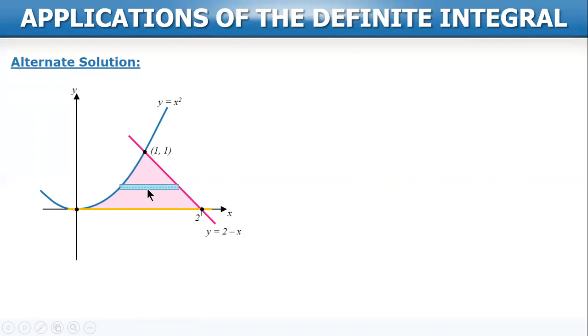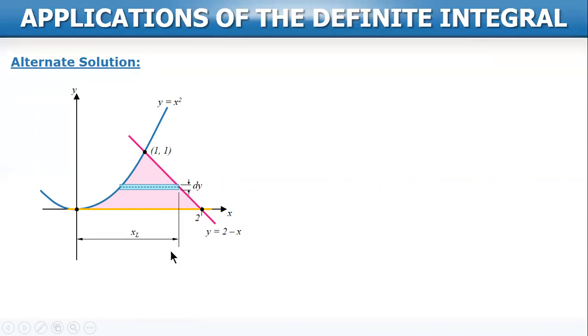Okay. So, since it's a horizontal rectangle, we have f of y, g of y. Diba? And now our thickness will now be dy. So, vertical, dx man, dy.